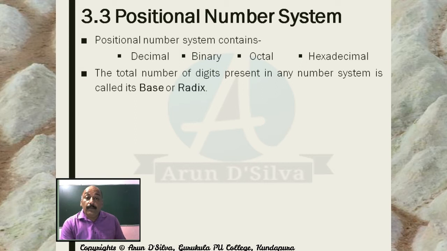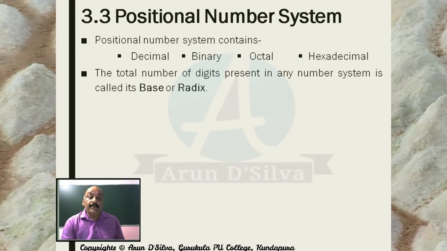The total number of digits present in any number system is called the base or radix. How many different digits are there in the number system you use, the total number of digits, that is the base or radix.